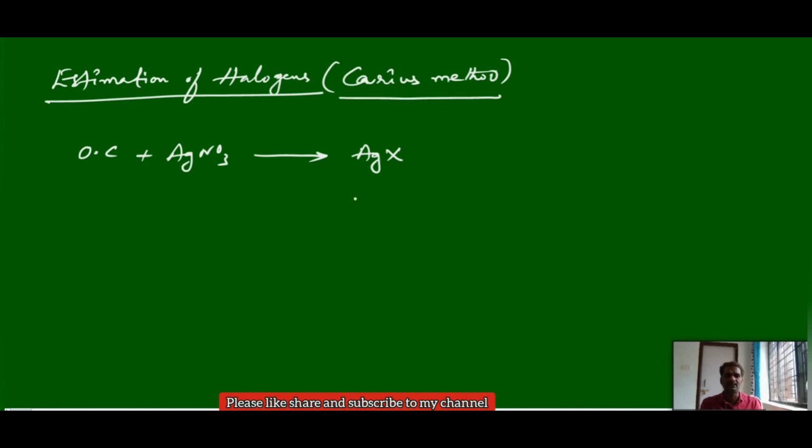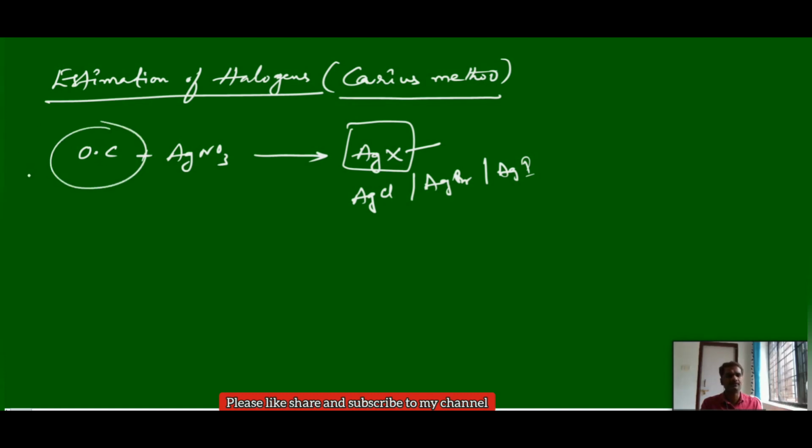It may be AgCl or AgBr or AgI. Now, by knowing the weight of the silver halide formed in this particular reaction, we can identify the weight of halogen. If you know the weight of halogen, that halogen completely comes from the organic compound only.